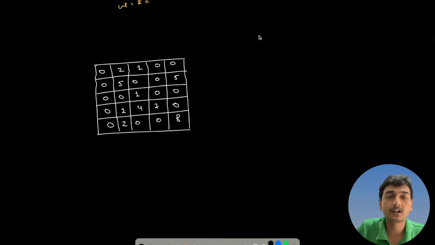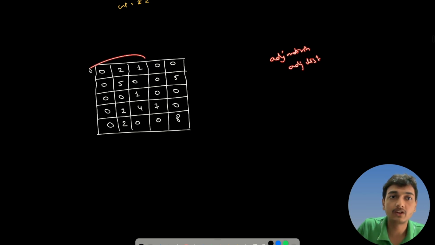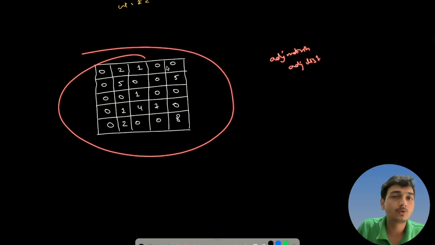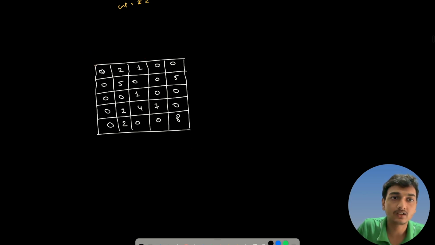In normal graphs, we create something like an adjacency matrix or adjacency list, right? Here we are already given this grid, so we don't have to do anything. We will just start iteration from here. You also know that in graph problems, we try to create a visited matrix, right? So let me create a visited matrix.